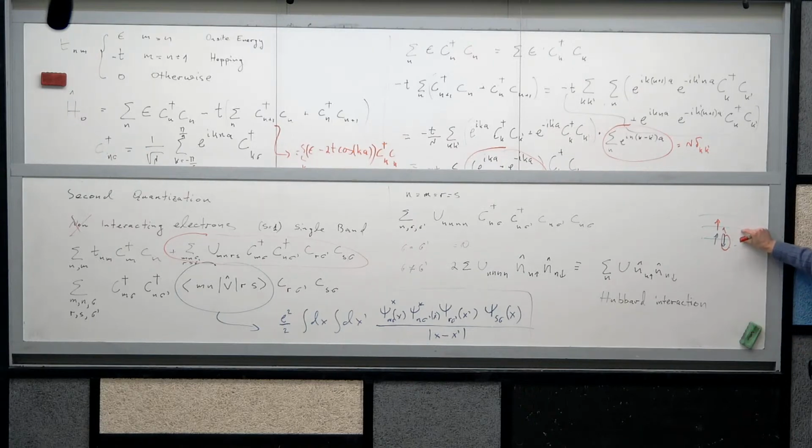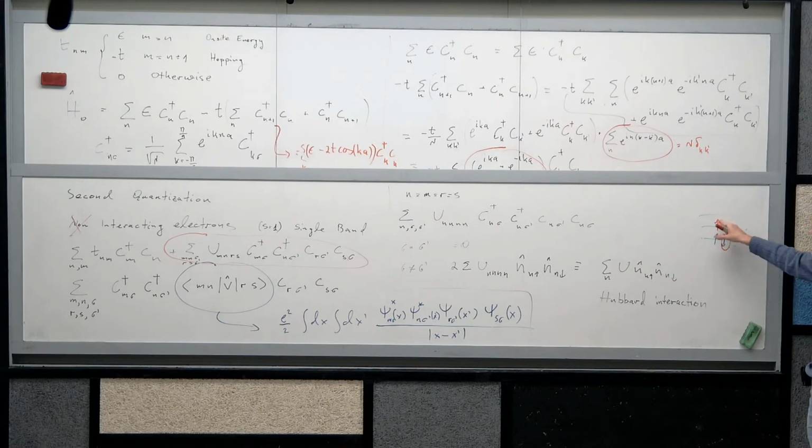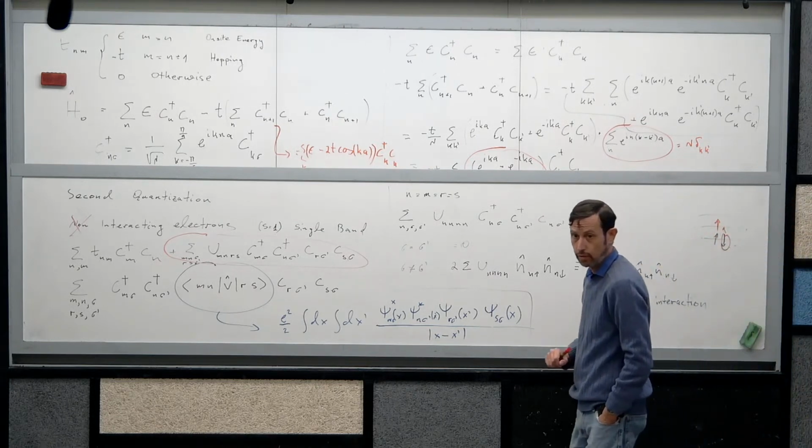If this level spacing is large, it's better to sit in this situation and pay a lot of energy on the interaction, because you'll pay even more if you move it to the next level. On the other hand, if the level spacing is small, it makes sense to pay a bit of kinetic energy and to pay a lot less interaction energy.